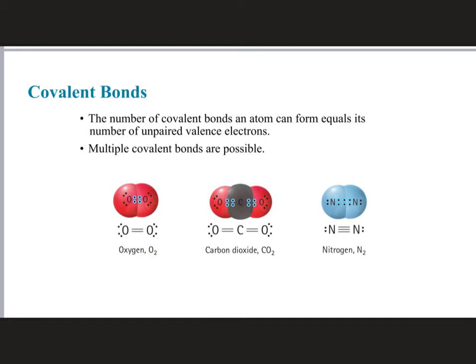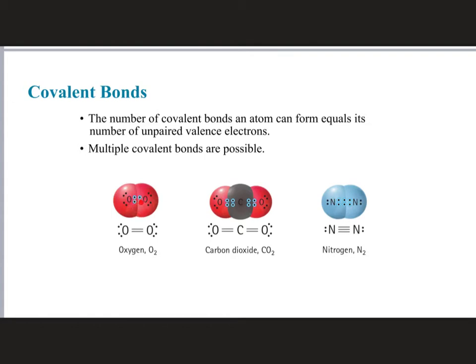And that is done through the process of covalent bonding. Now, if I look at this particular oxygen atom on the left here, it's got 2 electrons that are paired together, 2 electrons that are paired together, and 2 electrons that are not paired together. And so each atom of oxygen has 2 unpaired electrons that are available for bonding. And when these 2 oxygen atoms get close together, those 2 sets of electrons can pair up and form what's called a double covalent bond.